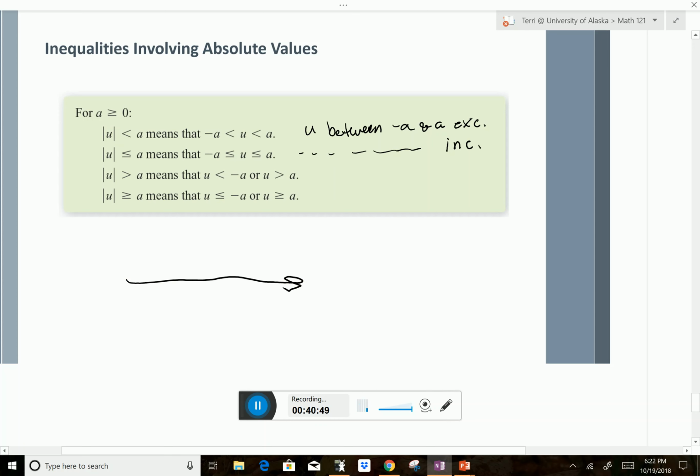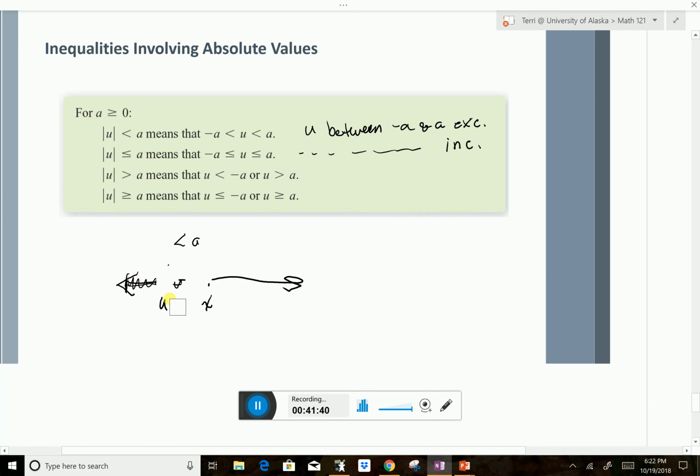So if I say that the distance between u and x, let's say, is less than a, that means that they have to be closer together than a. So they have to be within a of x.